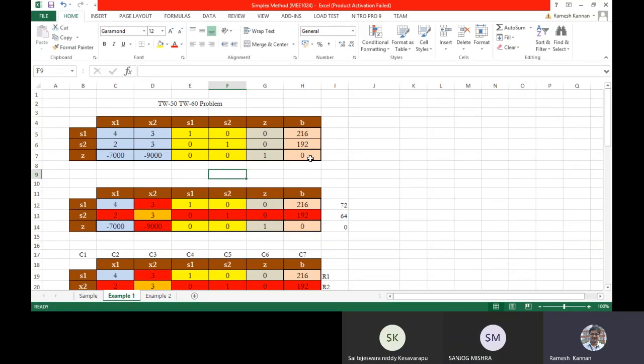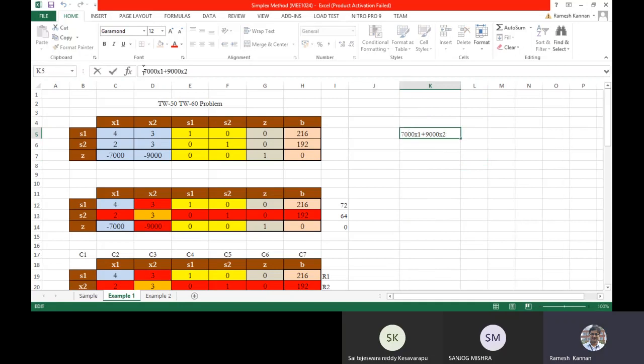What I've done is, the objective function is 7000 x1 plus 9000 x2, so just put Z max equals our objective function.